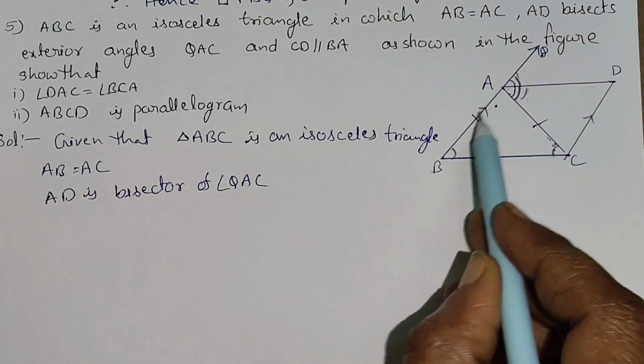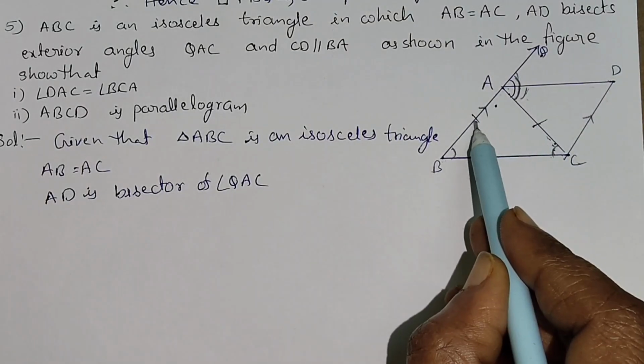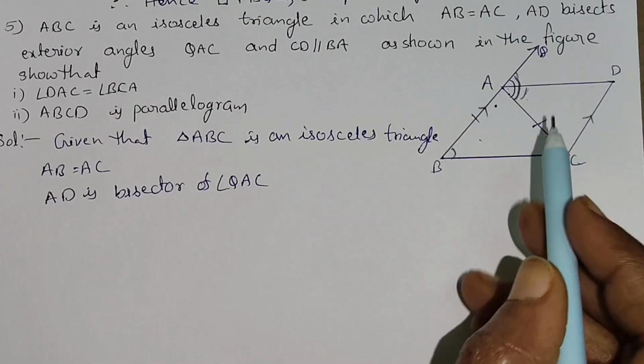AB and AC are the equal sides, so the angles opposite to them are equal.